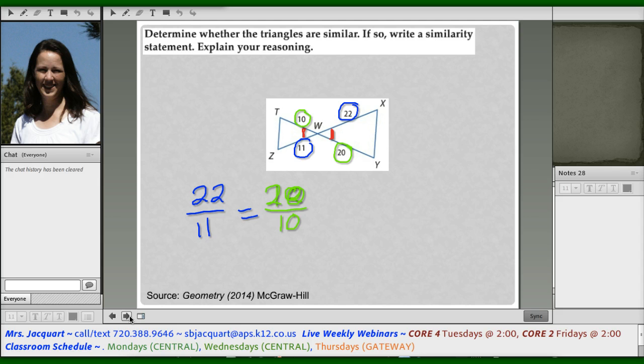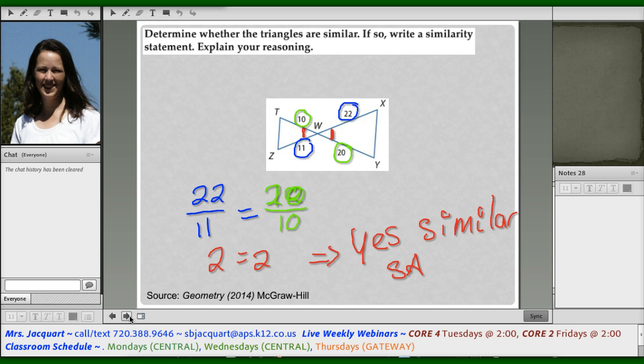And since 2 equals 2, it is similar by side angle side similarity.